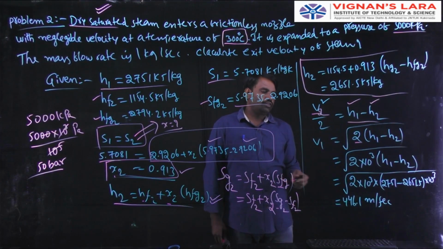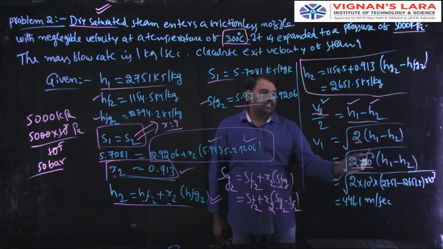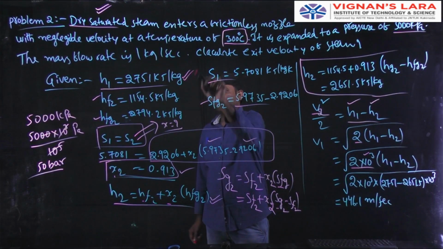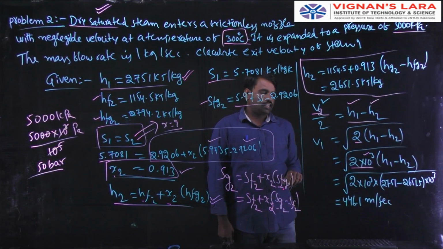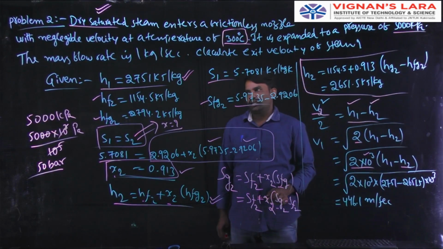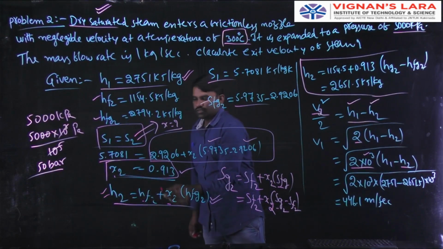So you have to convert the enthalpies into joules by multiplying with 10 cube. For H1 minus H2, the H1 value is already taken from the steam table book, that is the dry saturated enthalpy, and the H2 value, the wet enthalpy, we determined by calculating the dryness fraction.